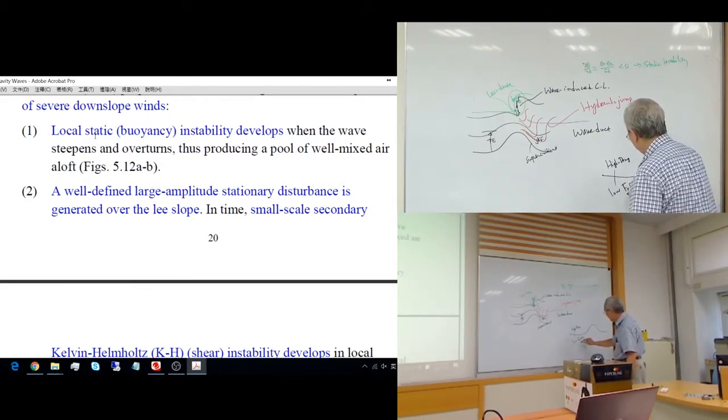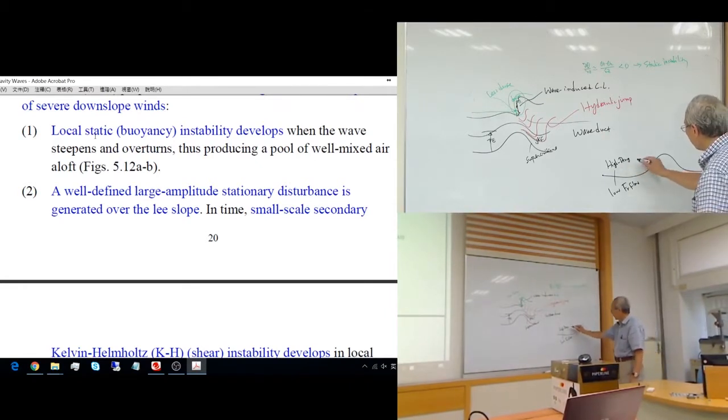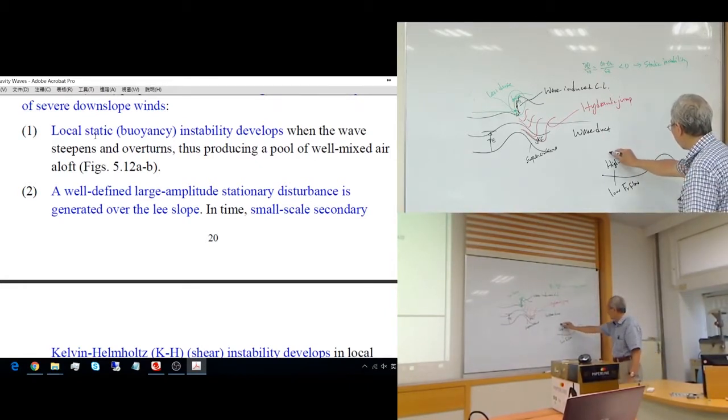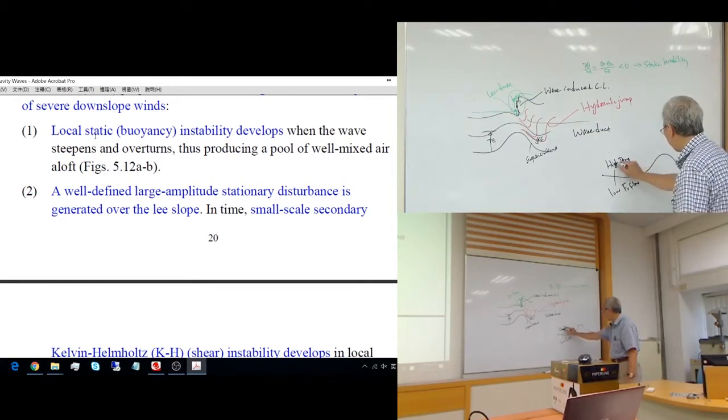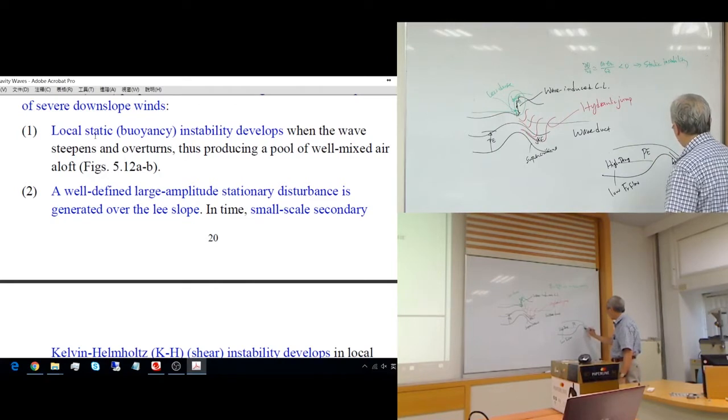Some people say Fr, same as F, Froude number flow. So then the flow comes in and accumulates, and you become a low layer. The low layer is a little bit blocked, and then it washes down like this. So you have high PE, and then convert to kinetic energy. And here you have the wave overturning. So this is the first stage.